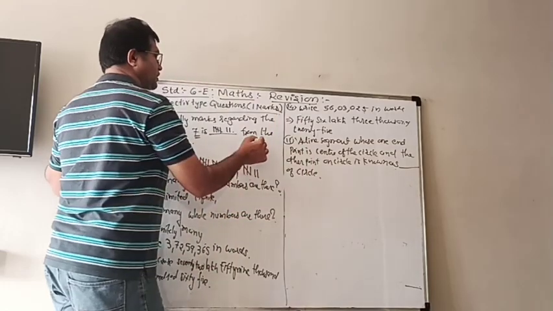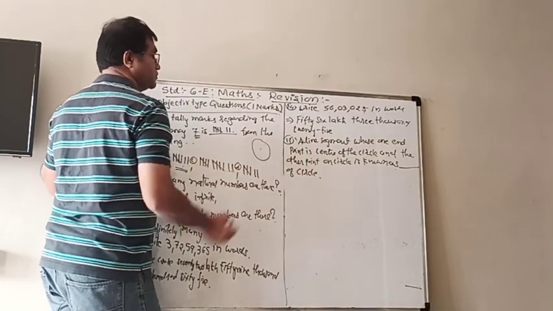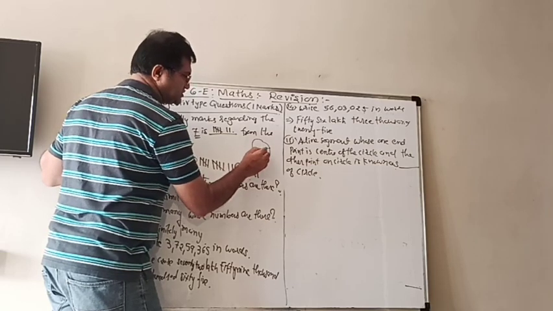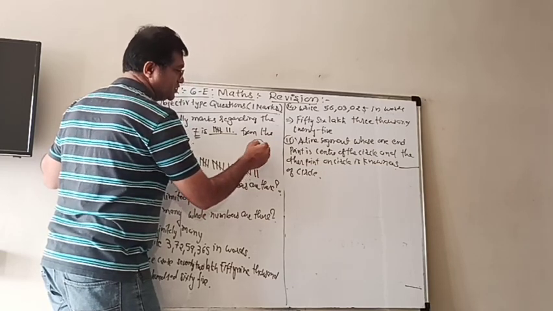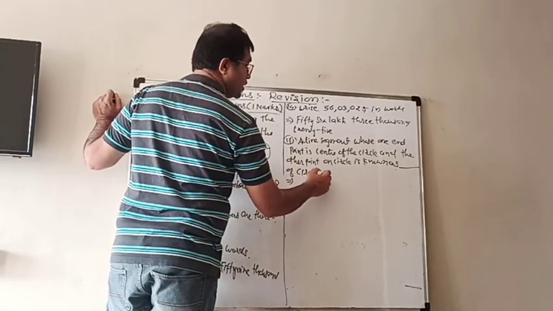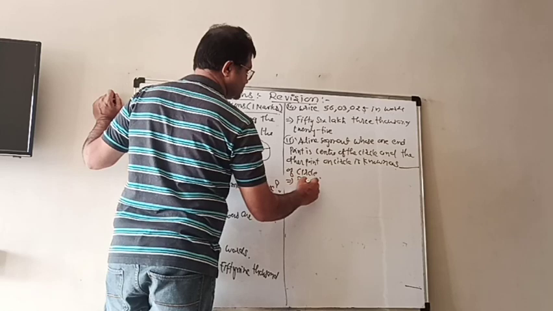You know that in the circle, the line segment whose one end point is at the center, the other is on the circle, is known as radius. So the answer is radius.